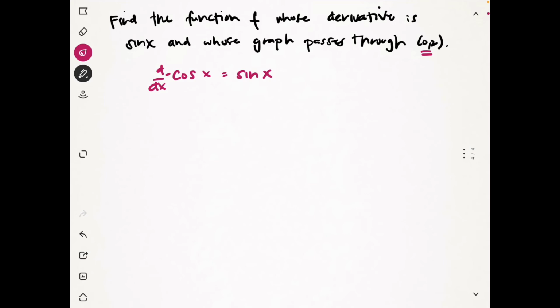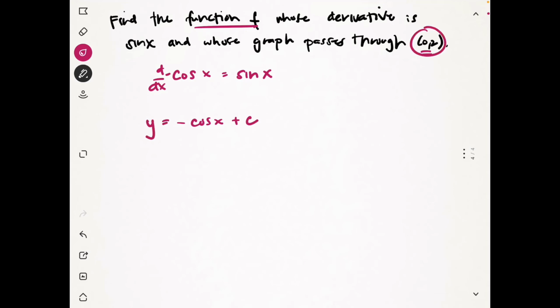The derivative of negative cosine would be positive sine. Now what we also need to do here is say plus c. So that would be our function, y equals negative cosine x plus c.